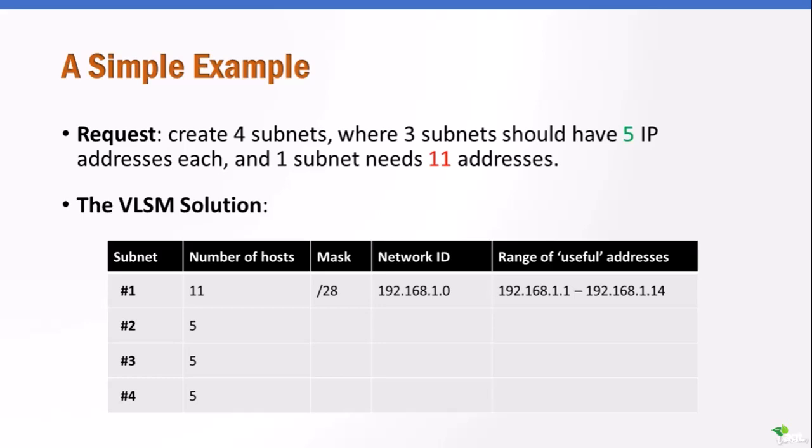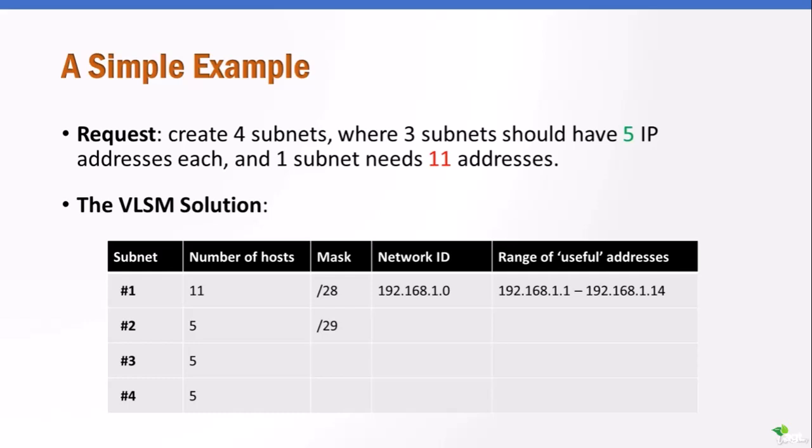Now let's determine what's going to be the mask for the second subnet. The second subnet, just like the other 2, needs only 5 IP addresses. So we can give it /29 because that gives us 3 bits for the host portion, which means we can create 2 to the power of 3, which is 8, different IP addresses.